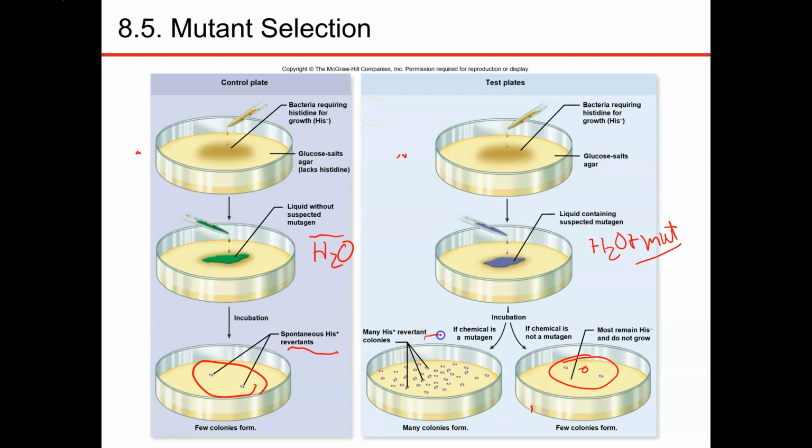Whereas if a lot of colonies are growing, so here you have lots of histidine revertants, what that means is some type of mutations have occurred. So this one is indicating that whatever chemical you use, whatever this mutagen is, very likely also carcinogenic. It doesn't say it is for sure carcinogenic, but the more mutagenic it is, the more likely it is also carcinogenic.